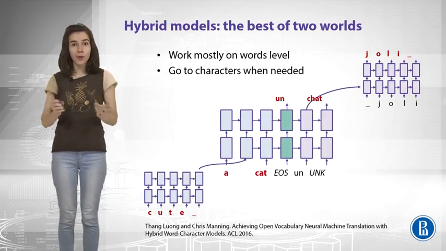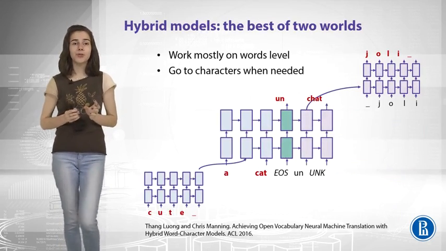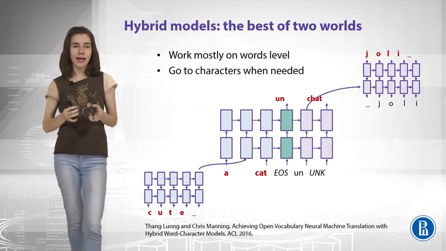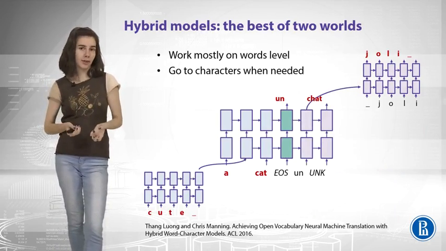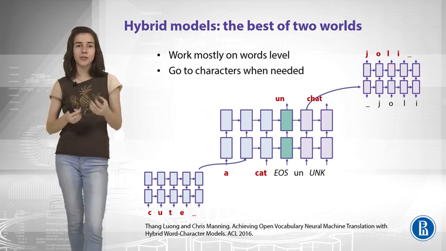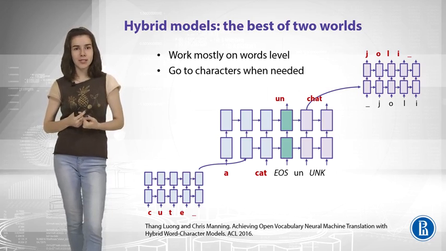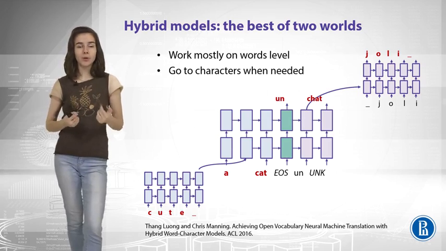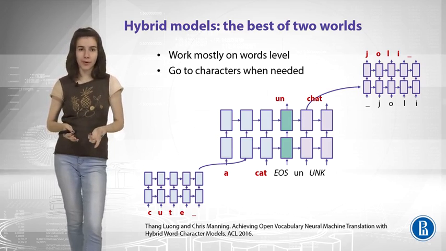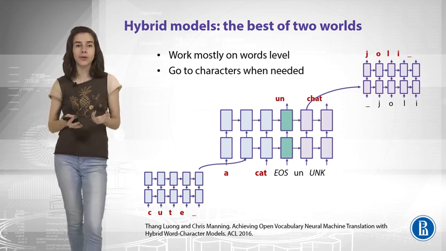Now, for our translation model, it is super nice to have hybrid models that say, let us first try to work on word level. So let us try to produce word translations. For example, we have a cute cat here, and a and cat are nice words. But what if cute is out of vocabulary? We cannot model it on word level.